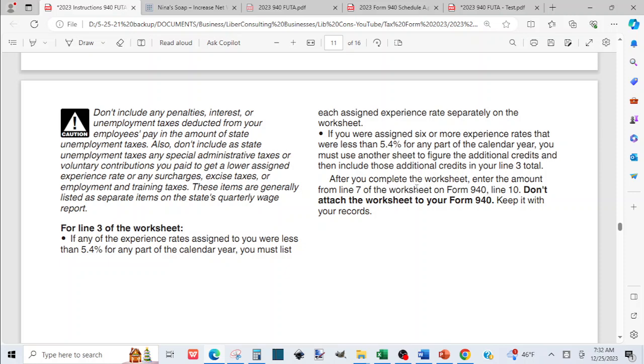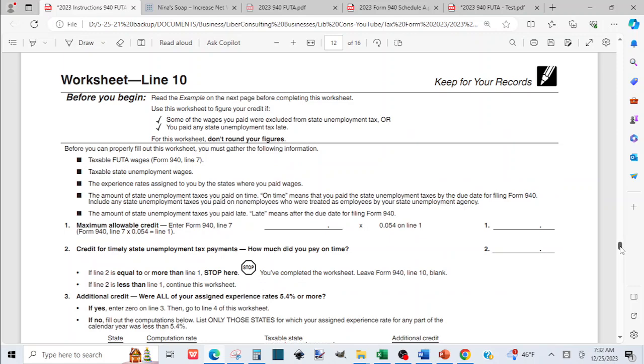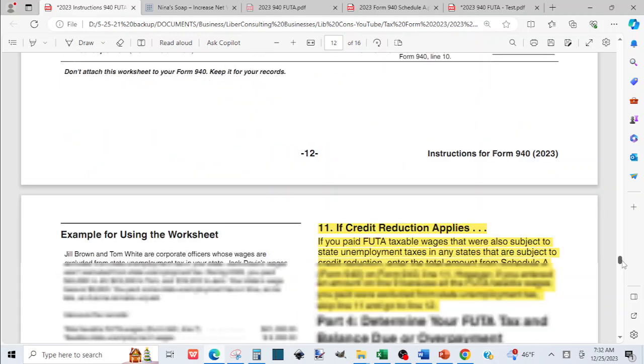After you complete the worksheet, enter the amount from line 7 of the worksheet on Form 940 line 10. Don't attach the worksheet to the Form 940, just keep it for your own records. But that's pretty much what I wanted to share with you.